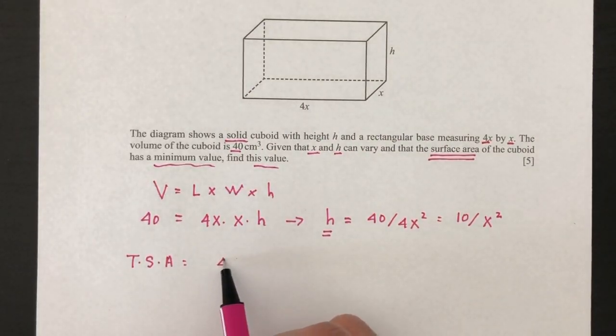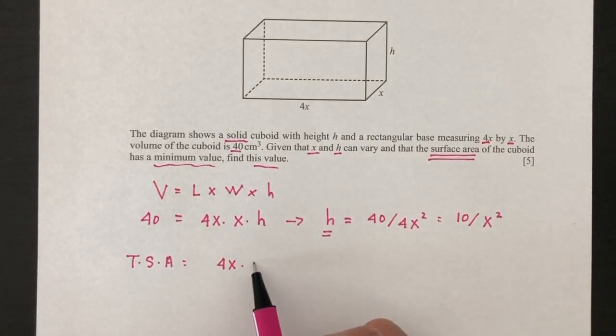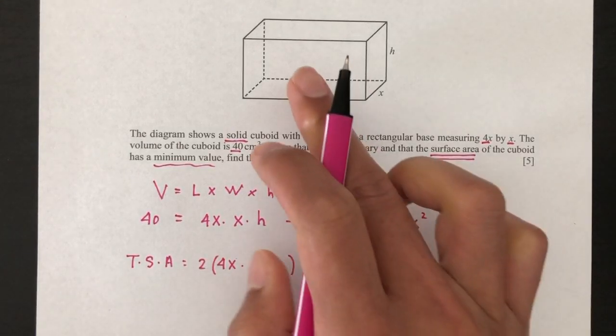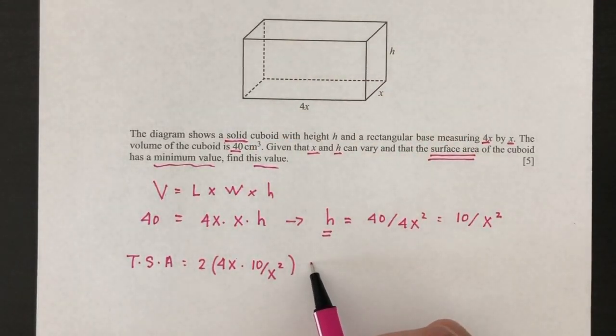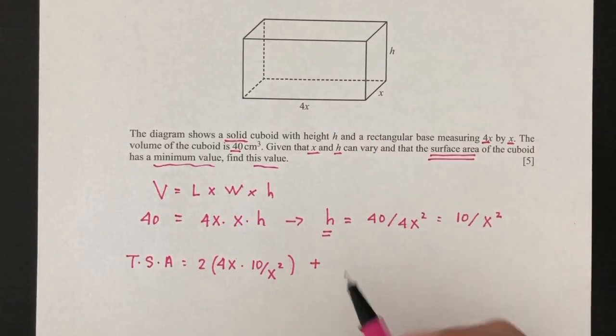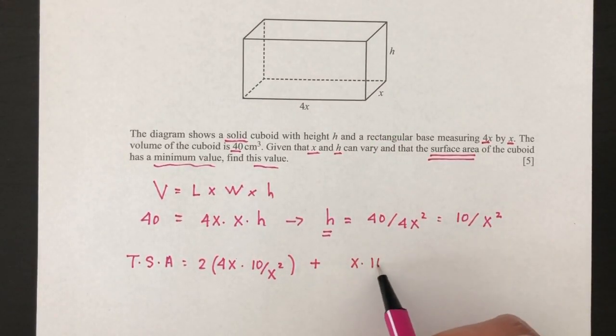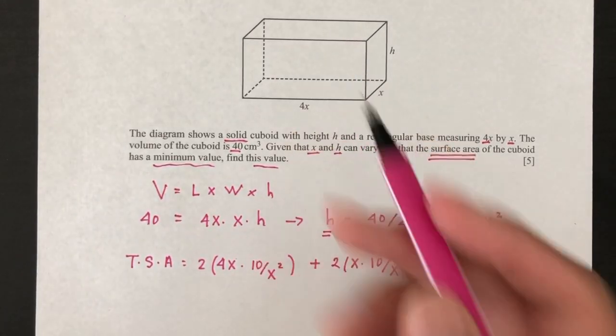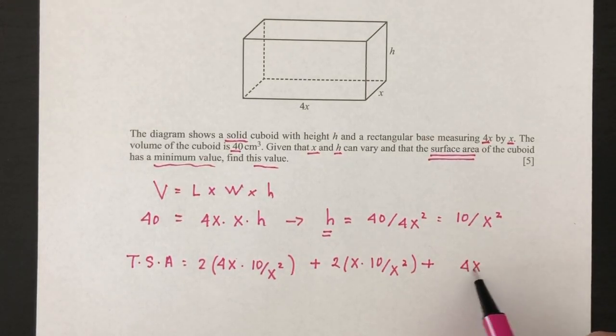So that will be 4x times height, which is 10 over x squared, times 2, because it has the front and the back. Now plus this side, that will be x times h times 2, front and back. And then the last one, the bottom and top, that will be 4x times x times 2.